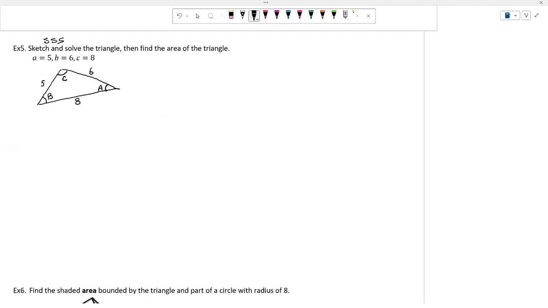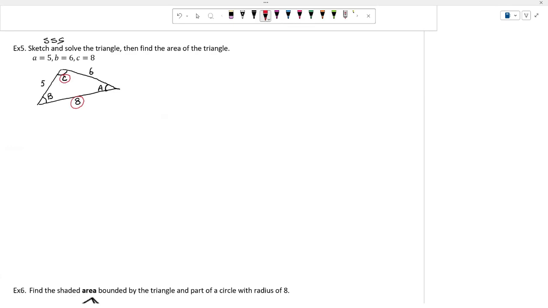In this case, we could use the law of cosine to help us solve for one of the angles A, B, or C. Now, I would like to start with the longest side, meaning I would like to find the angle C first. The reason we do this is because the angle C is the biggest angle that we have.